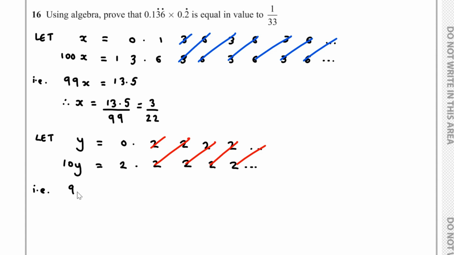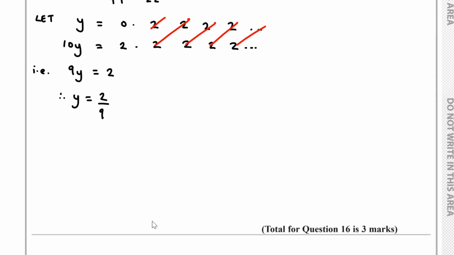So we have 9y equals, well, here we've got 2 take away 0, which is just 2. Of course, we can conclude y is equal to 2/9.